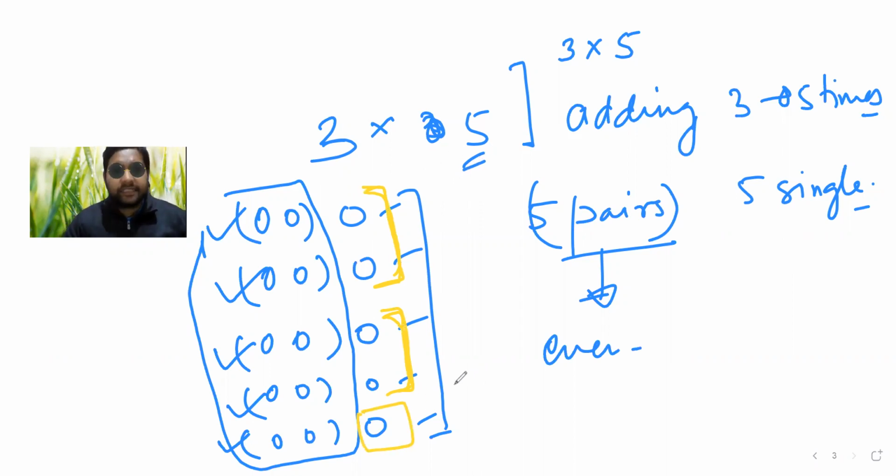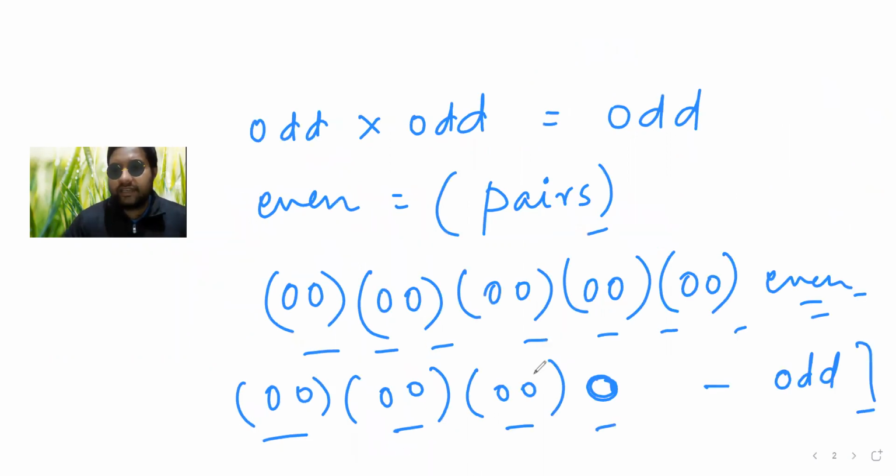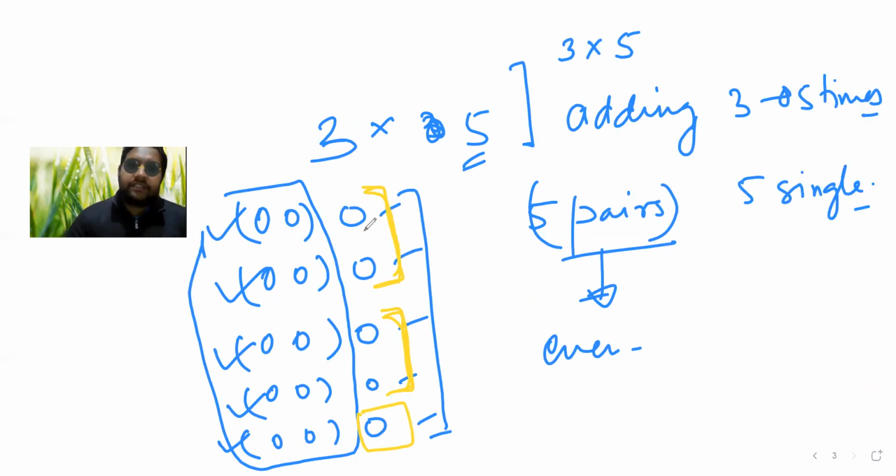That is the definition of odd. If we go back, the definition of odd is that after having pairs, you will have one single. These are 5 singles, but 5 times single balls, which means because 5 is an odd number, it could be any other odd number, we will get some number of pairs followed by one single. So we will have 5 pairs here, and then we will have 2 pairs here, correct?